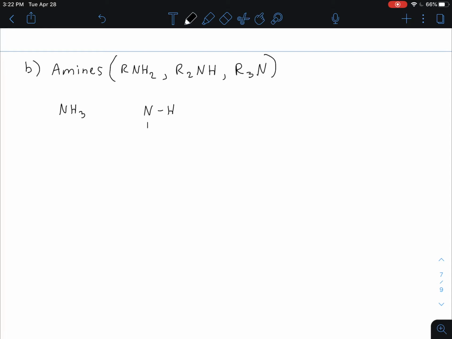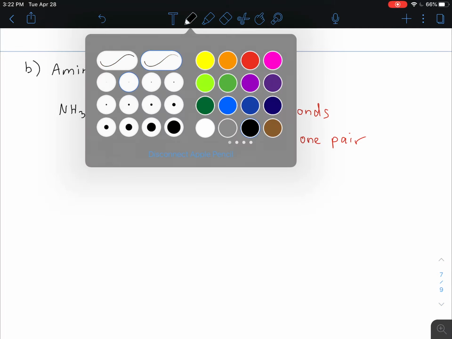So let's start by drawing NH3 again. And so remember, when I draw NH3 with my 8 total valence electrons, the nitrogen gets 3 bonds and 1 non-bonding pair. So whenever we see nitrogen, 3 bonds, 1 lone pair.